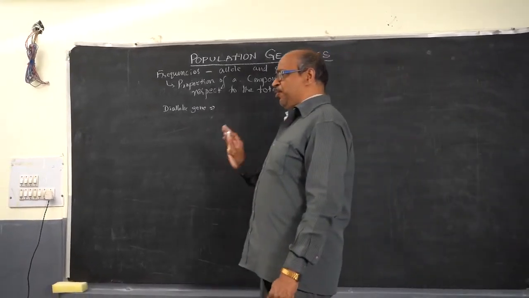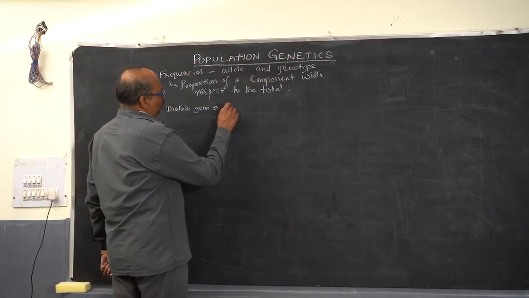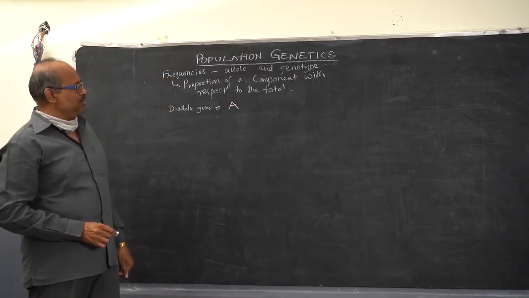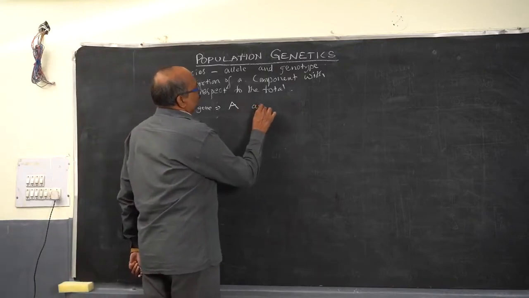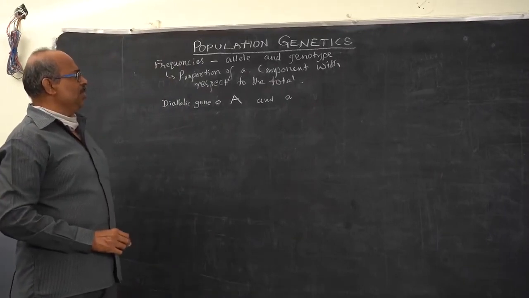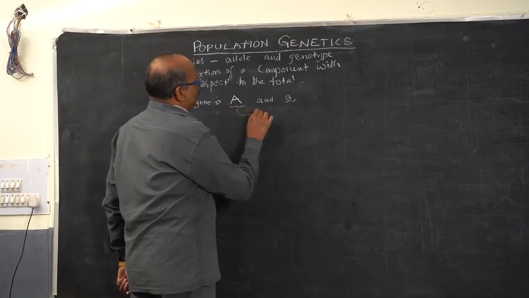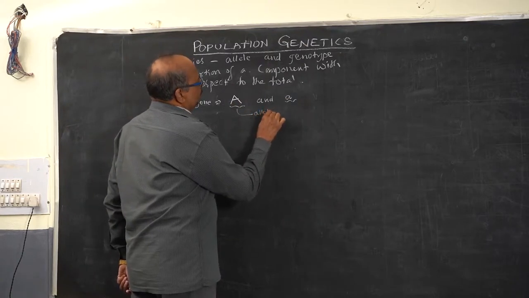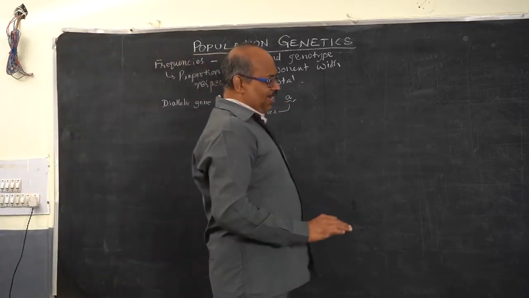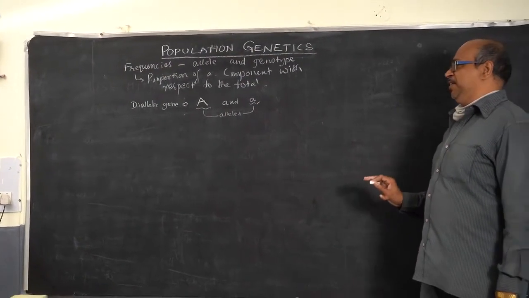So the same locus, the same position, can have two different occupants. One we can say is capital A, that's one gene form. And the second one we can say is small a, the second or alternative gene form. The capital A and small a are called alleles. So the diallelic gene A consists of two distinct alleles, capital A and small a.